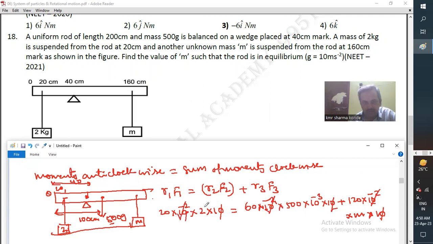Next, after this, this is going to be 40, and this is going to be 300, equal to 12.